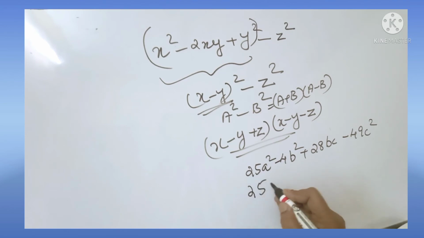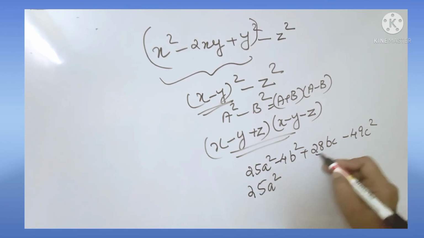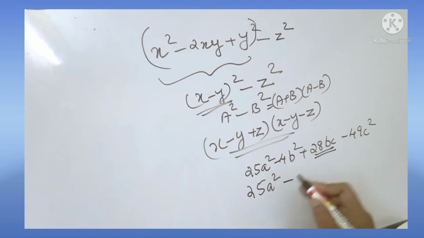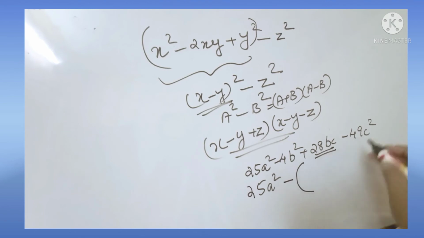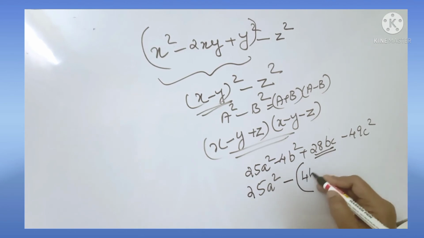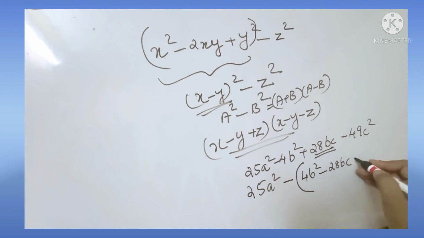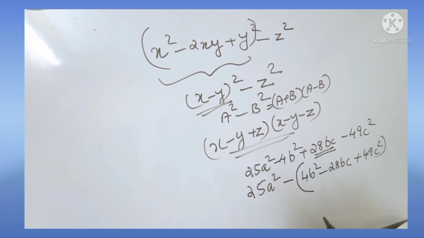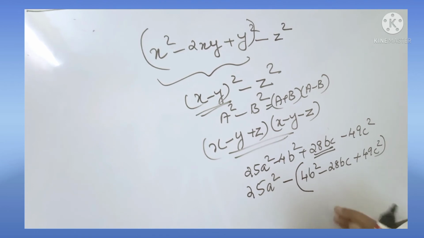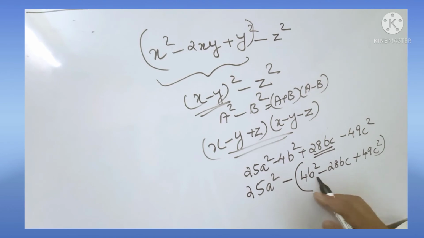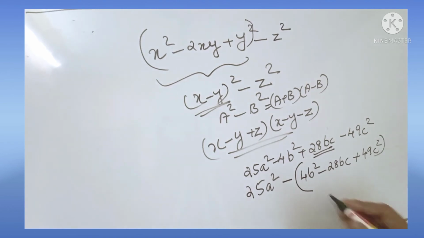Since there is no ab form or ac form, but the bc term is there, for 25a square we want to take minus from each term. Then it will be 4b square minus 28bc plus 49c square, for arranging them in the form of the identity, that means this is a minus b whole square.